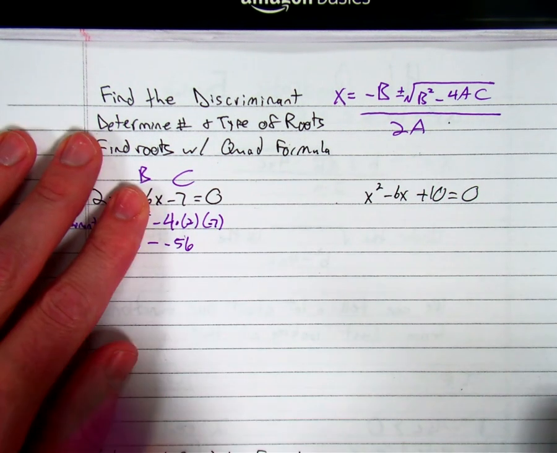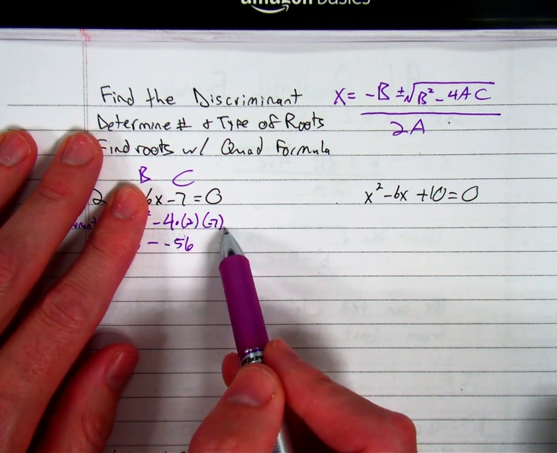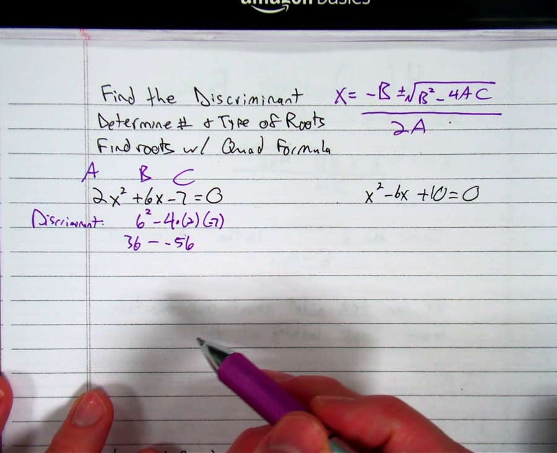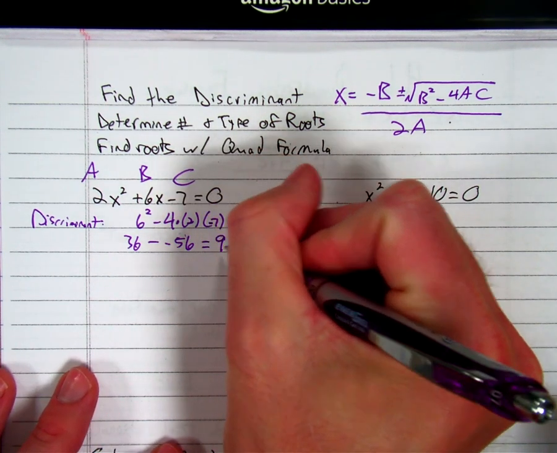Some people will take that negative 4 with it and have a negative 4 times 2 for negative 8, and then get negative 8 times negative 7 for a plus 56. I just did it with a minus negative, which is also going to be a plus. Either way, we end up with 92.